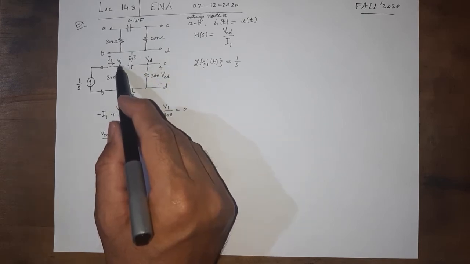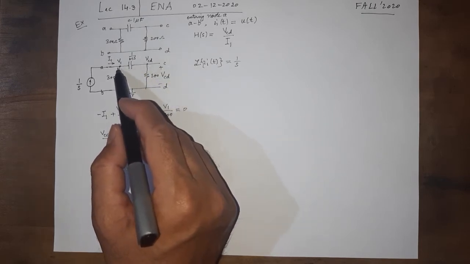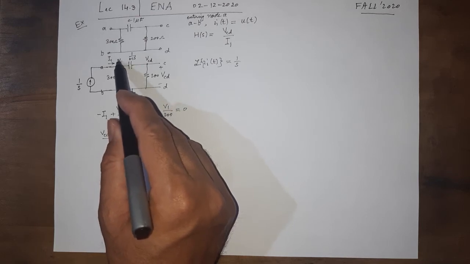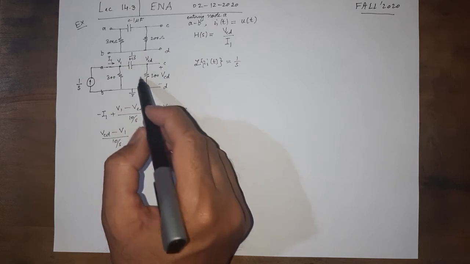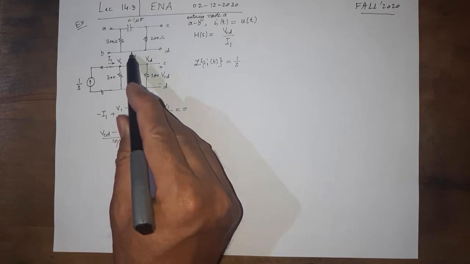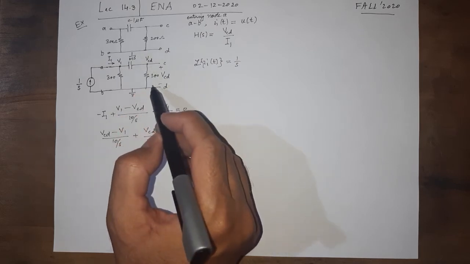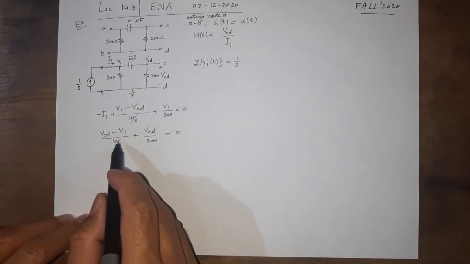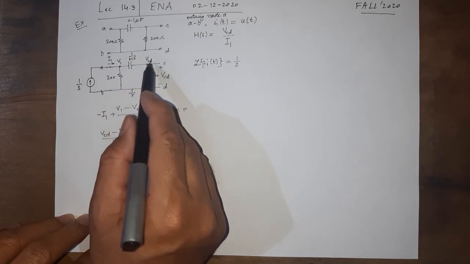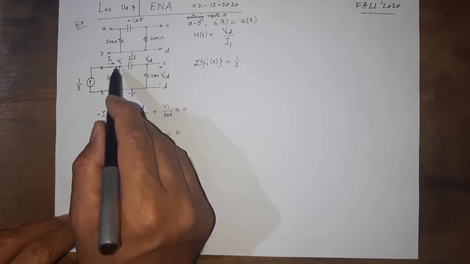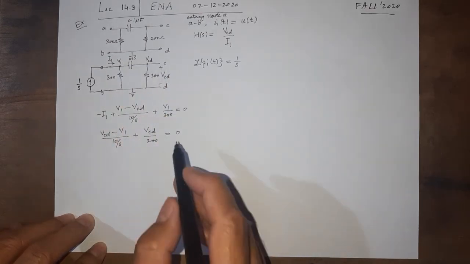We can actually just solve it for one node V1, and this outward current would be (V1 minus 0) divided by 10 over s plus 200. But in fact, once we have found V1, we would need to find VCD through the application of voltage divider or a similar technique.